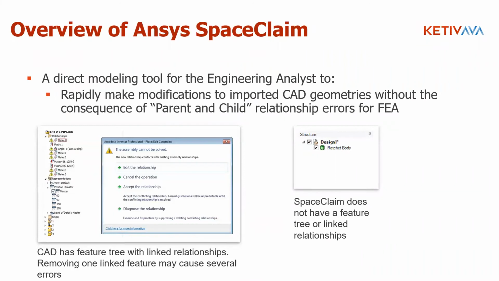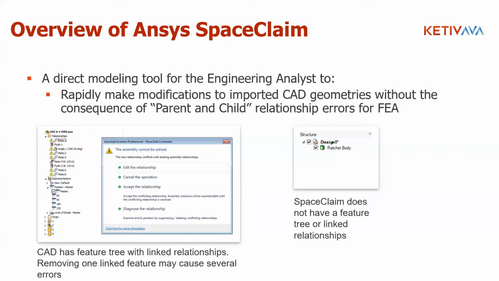Ansys SpaceClaim is a direct modeling tool. It's meant to complement your CAD. So let's say you get a CAD file and you want to make modifications to it. Ansys can make direct simplifications and modifications of that geometry. One of the benefits of Ansys is that you can rapidly make these changes without the consequences of linked relationships from your CAD.